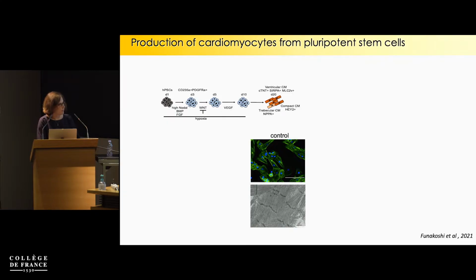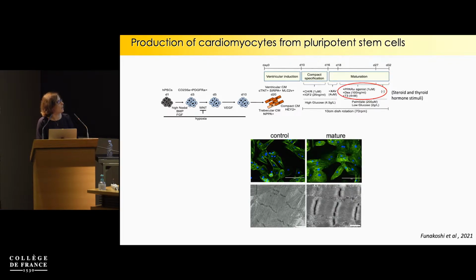And there has been recent development in the laboratory of Gurdon to try to promote higher maturation of the cardiomyocytes. And he's been able to do that by adding to the culture medium some factors which will act on the metabolism of cardiomyocytes.